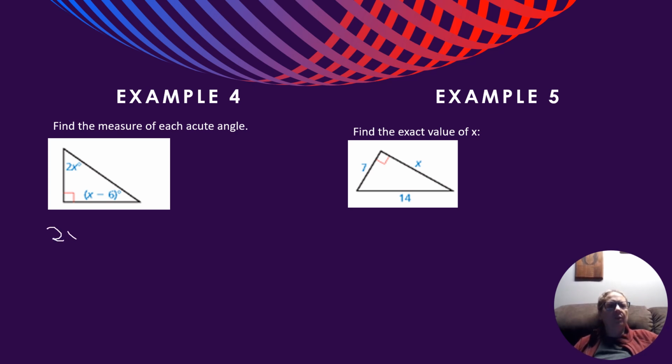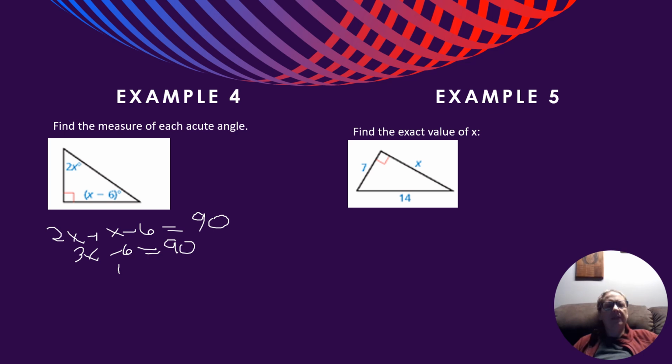So I have 2x plus x minus 6 equals 90. If you forget that, that's no big deal. You can go 2x plus x minus 6 plus 90 equals 180, and it'll still work out exactly the same. So it's not a huge deal either way. I'm going to combine my like terms. 3x minus 6 is 90.